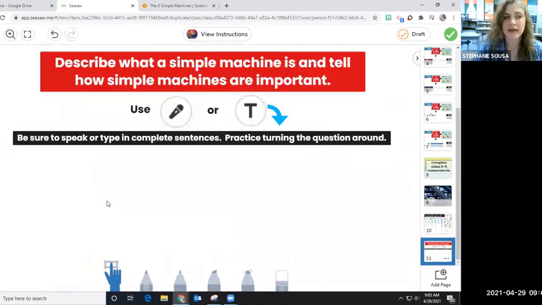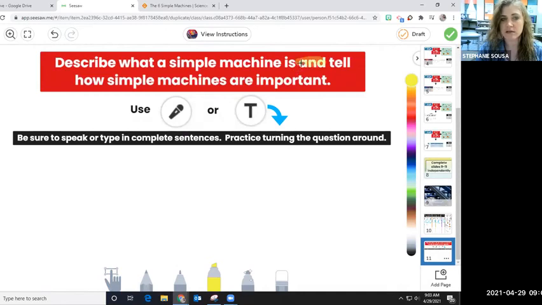On slide 11, you are going to describe what a simple machine is and tell how simple machines are important. You can voice record or you can type. Either way, you need to be in complete sentences. You're talking in complete sentences or you're typing in complete sentences.